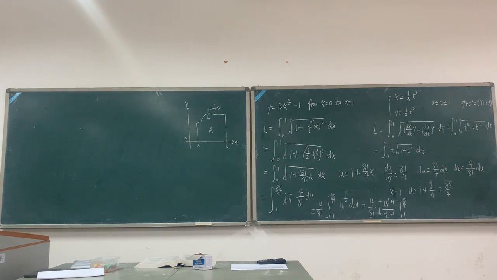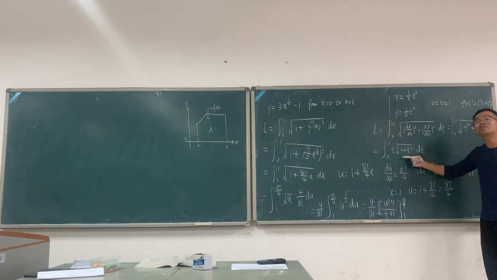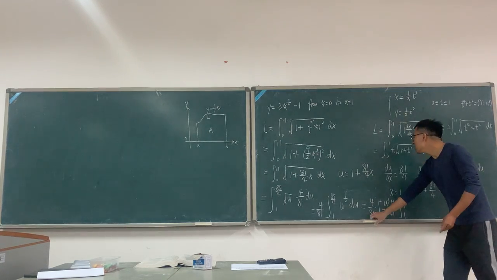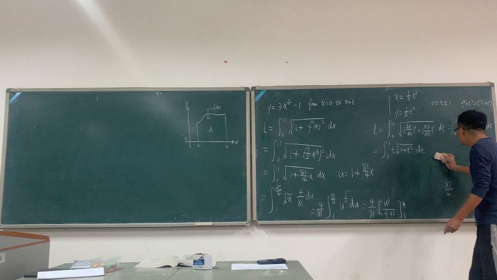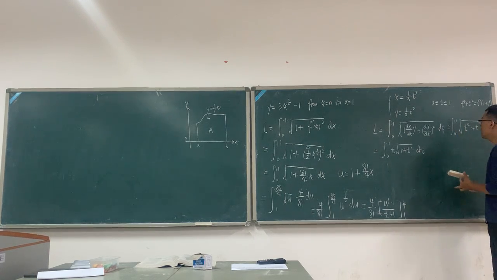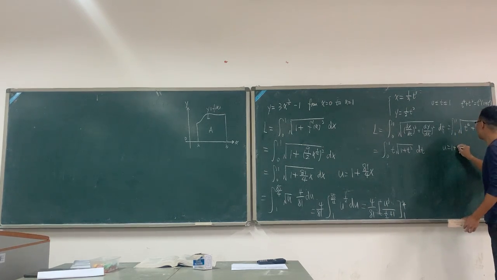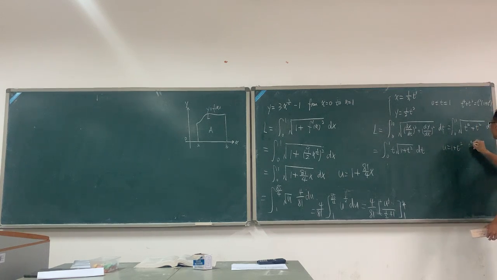So how do we find this definite integral? Use u substitution. What should u equal? Let u equal 1 plus t squared. So du/dt equals 2t, which means du equals 2t dt, or dt equals 1 by 2t du.